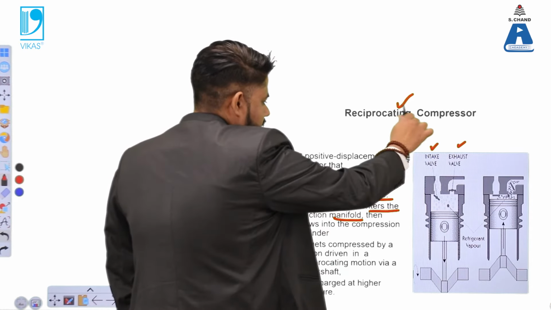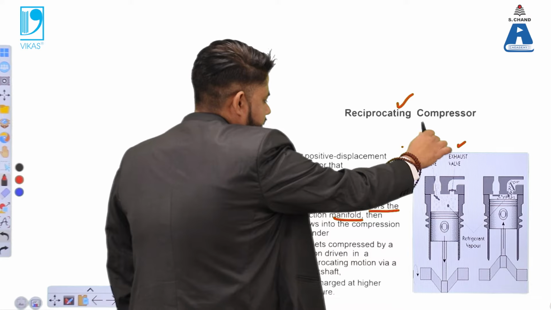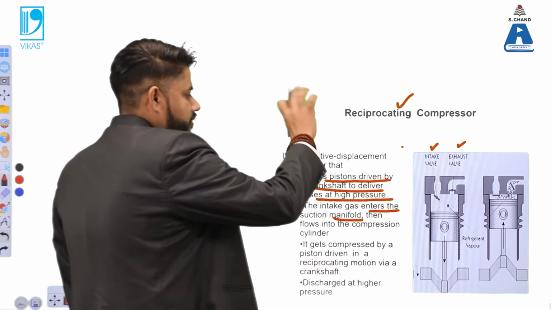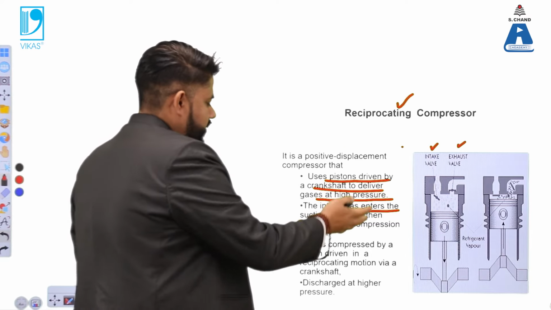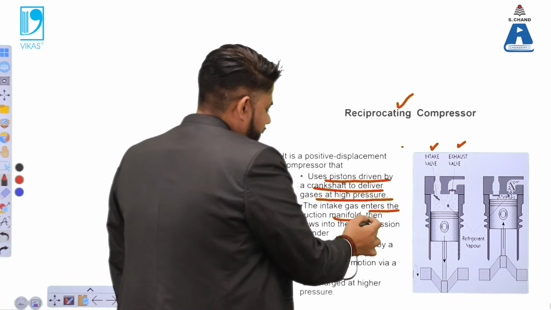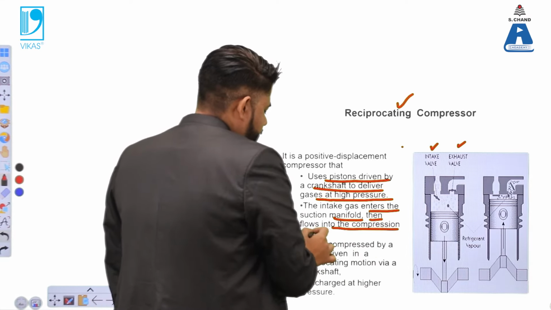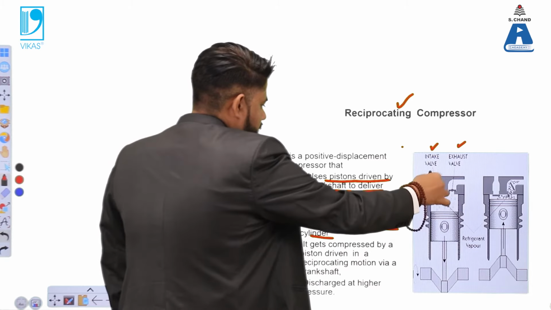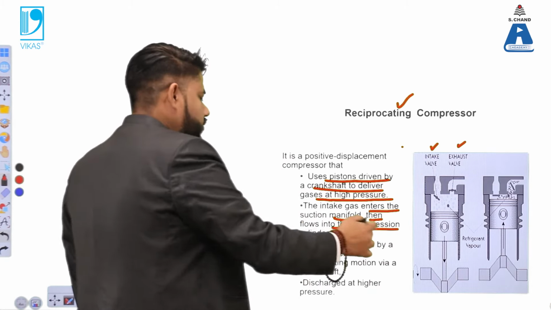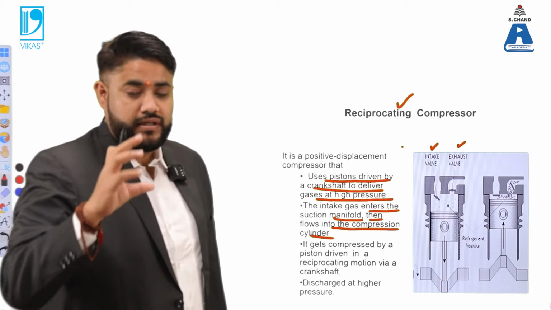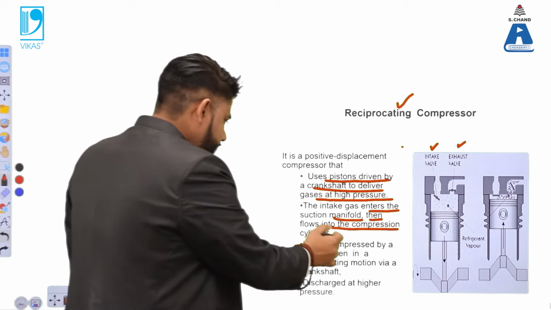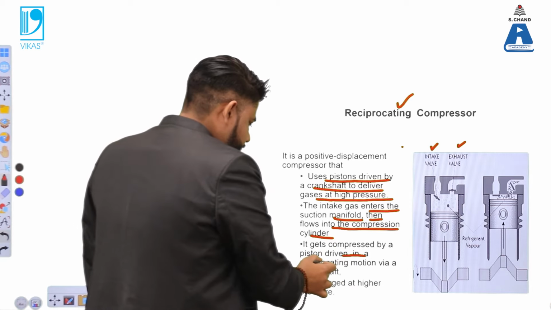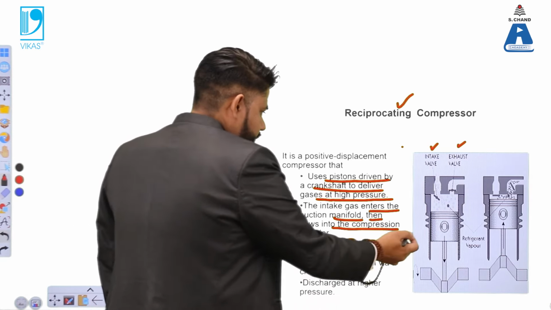This suction manifold is beside the intake valve, and the gas moves inside the cylinder through the intake valve, and then it flows into the cylinder, where it gets compressed by the piston in reciprocating motion.